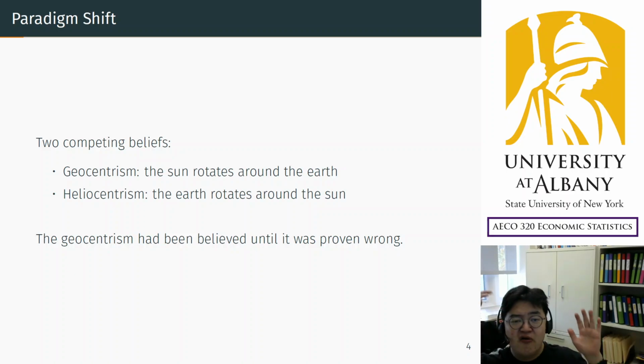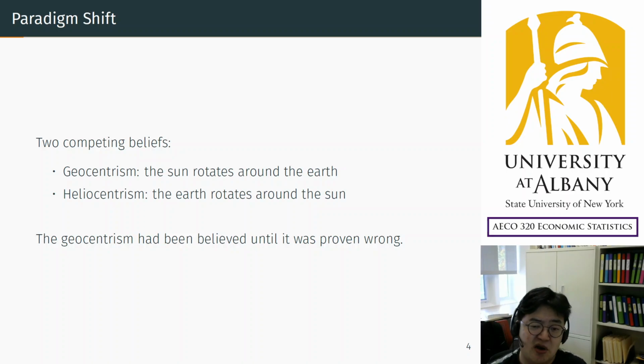Only when it was too certainly wrong did people change their minds. This is another unfair decision, right? Geocentrism was believed basically without any evidence.